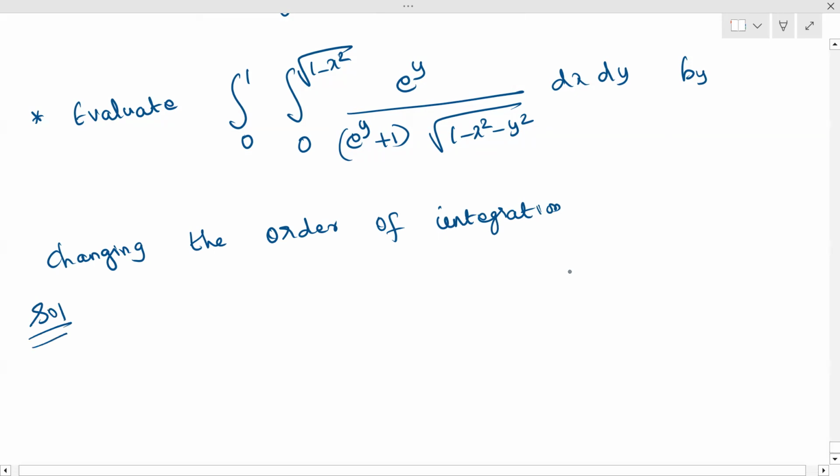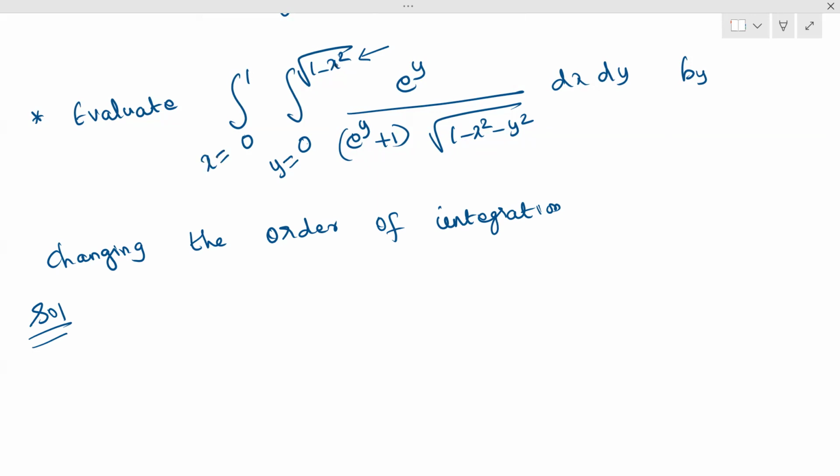See here, the inner integration limit is a variable x. So definitely it is for y. Because x varies from 0 to root of 1 minus x square means there is no meaning. Okay. So y only varies from 0 to a function of x. And it is y, so the other one is for the variable x.